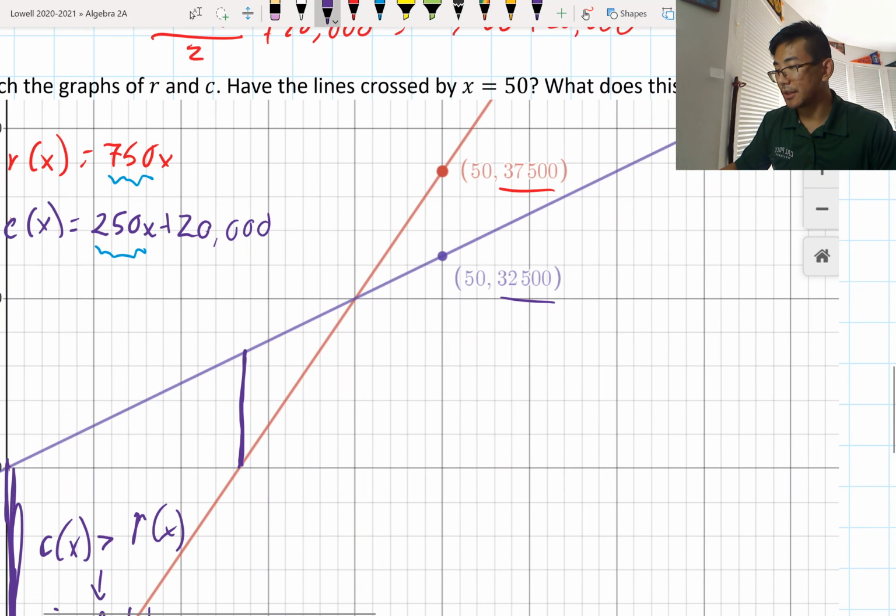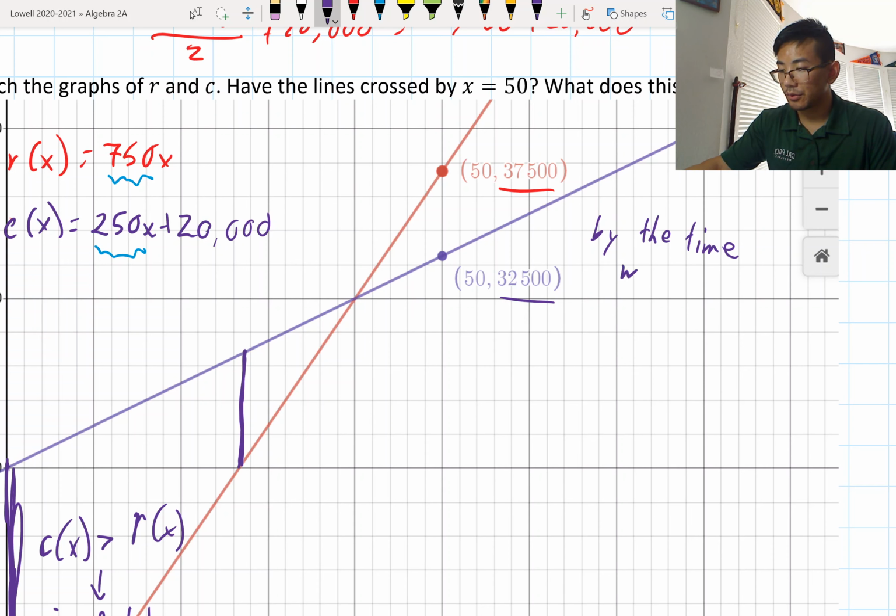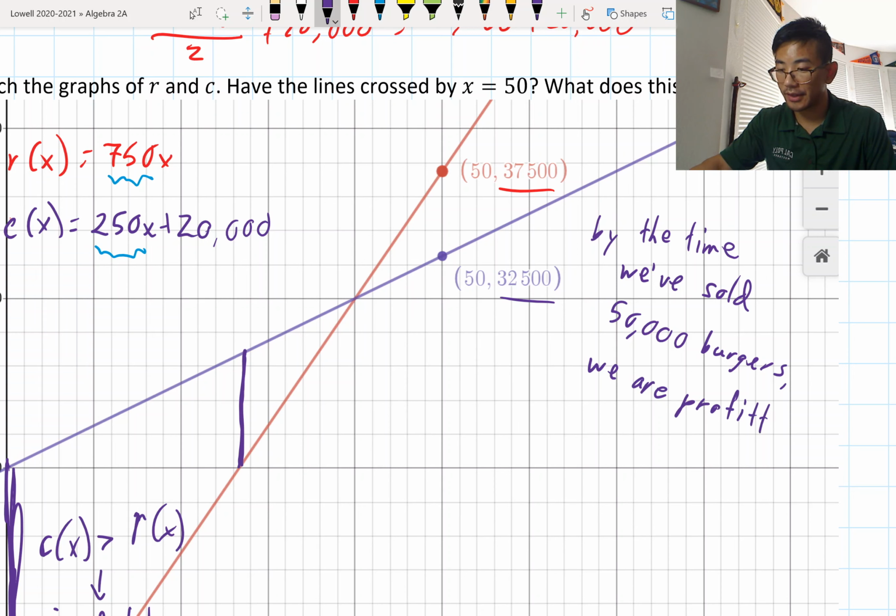And so what this means is that by the time we've sold 50,000 burgers, we're now making a profit. We are now profiting from our burger stand. Profiting, I think profiting has 2 T's. Maybe there's only one, I don't know.